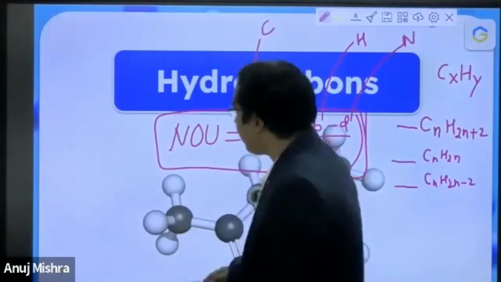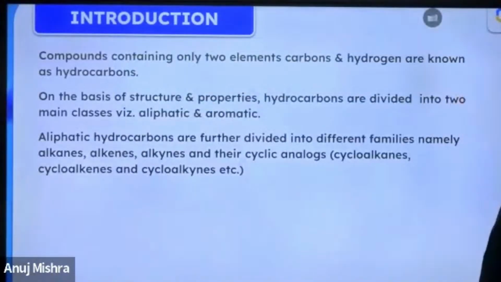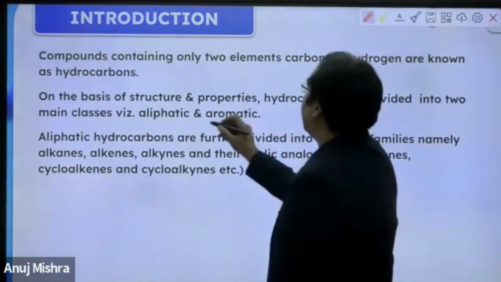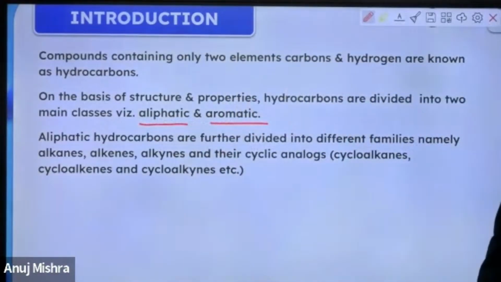So basically when you talk about hydrocarbon, you can divide it in two parts: one is aliphatic, the other is called aromatic. Aromatic we have done in detail. What is aromatic?